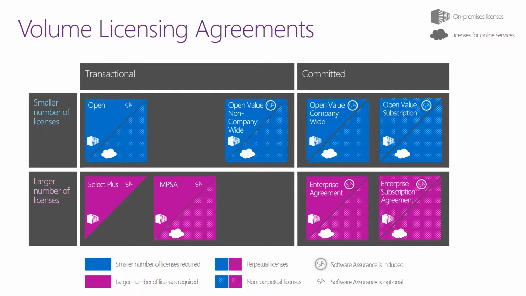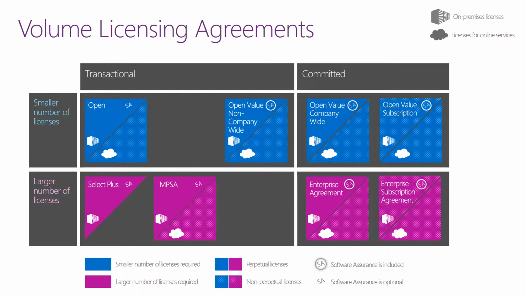This means that the licenses acquired through an Enterprise Agreement are perpetual. The customer can use the software forever, but with an Enterprise Subscription Agreement, licenses for this software are subscription-based, and the customer may only use the software for as long as the agreement is active. For the Enterprise Agreements, that's 3 years. Otherwise, the agreements are the same.